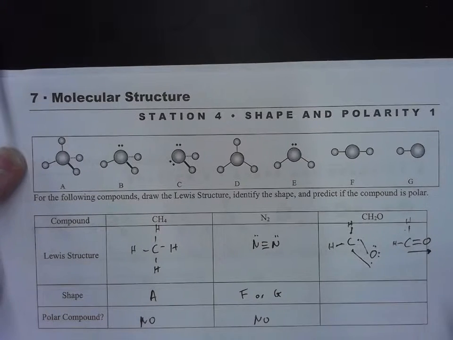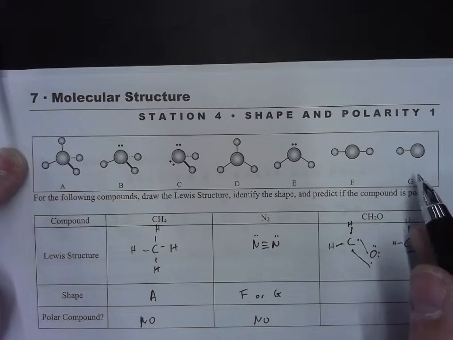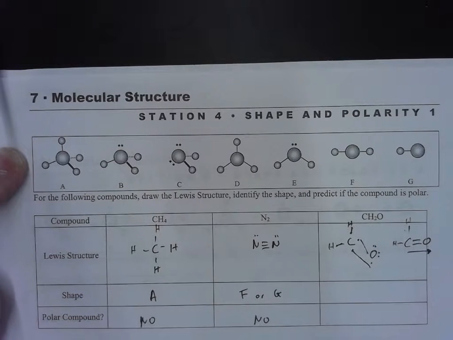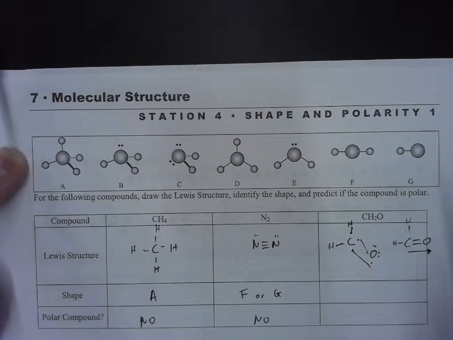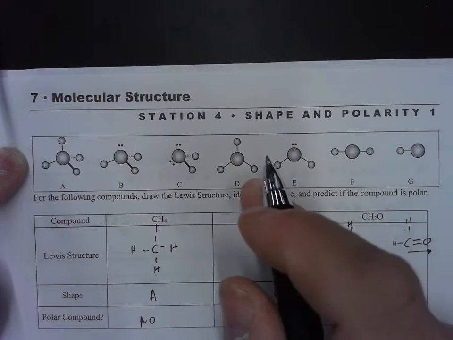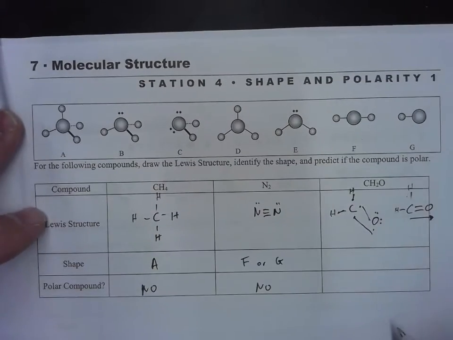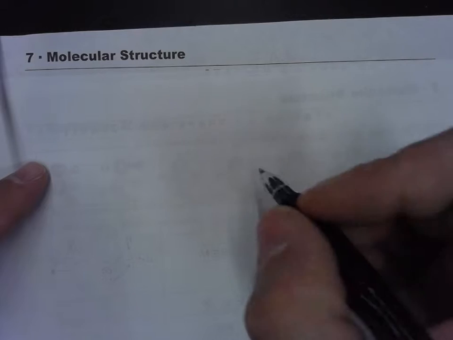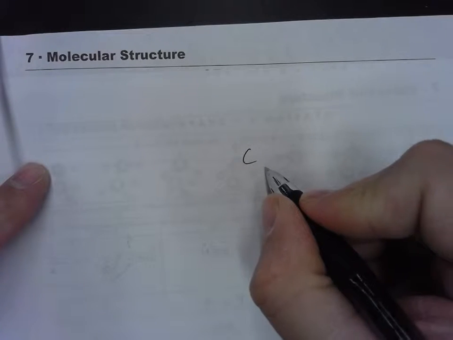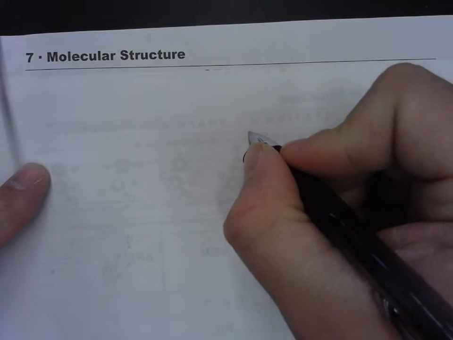As far as the shape goes, let's look and see. Now this is a little bit of a tricky one. The correct shape is actually letter D, and the reason why is, let me draw it the way we had it before, like this.